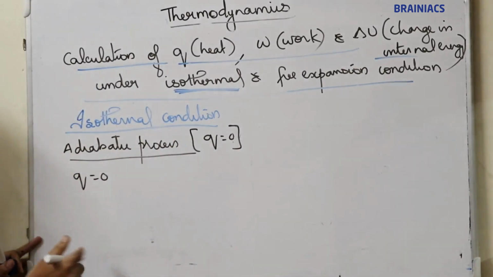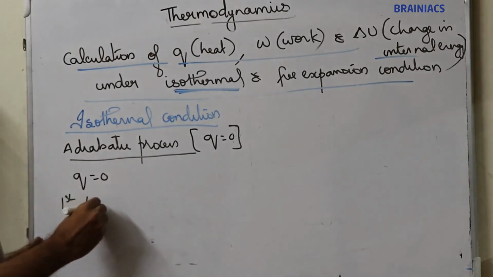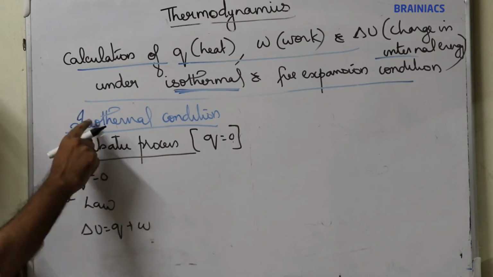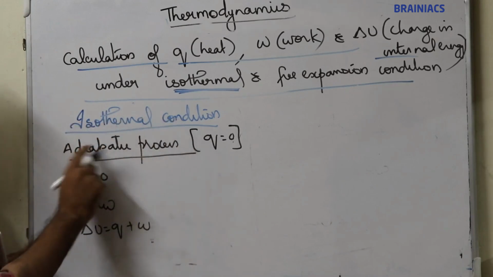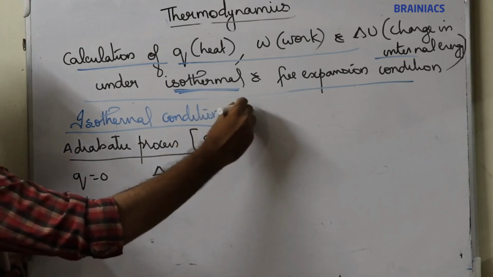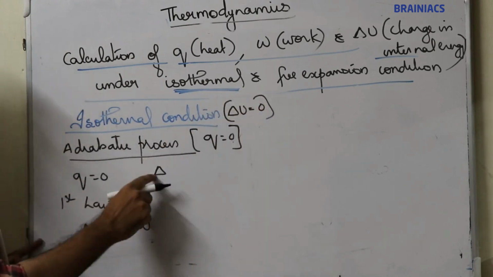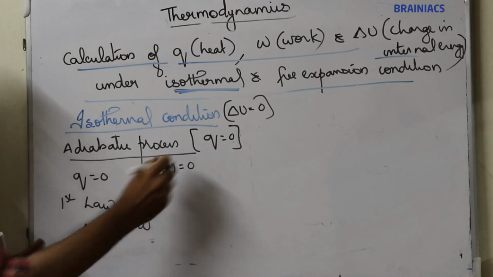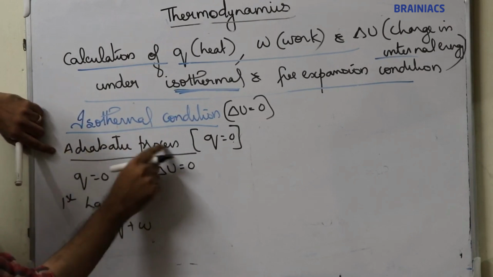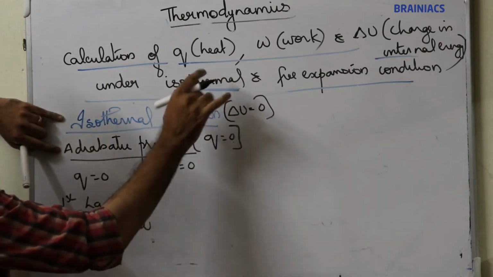So according to first law, delta U is equal to Q plus W. Now, since it is isothermal process, delta U will be equal to 0, right? So we are considering adiabatic process under isothermal condition.